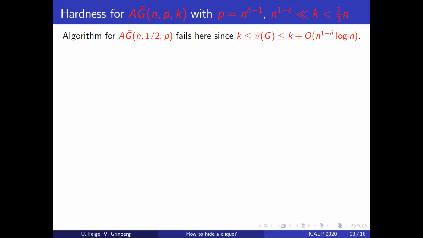So we can't guarantee that we will find the vertex cover in polynomial time in the final step of the algorithm. We actually are going to show that there is no polytime algorithm that can find a k-independent set in the adversarial planted independent set model for these parameters with constant probability unless NP equals RP.